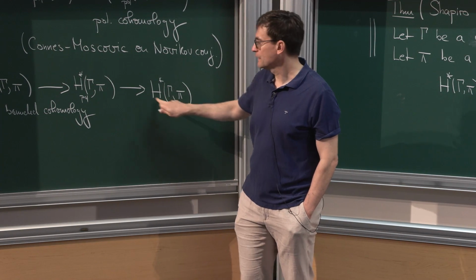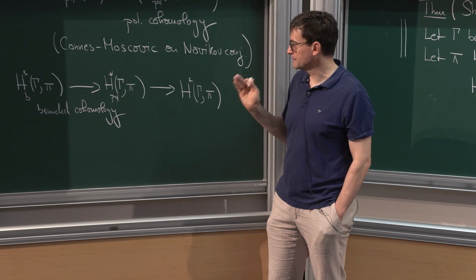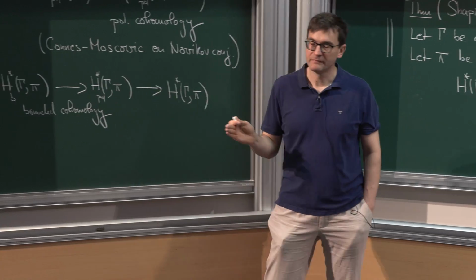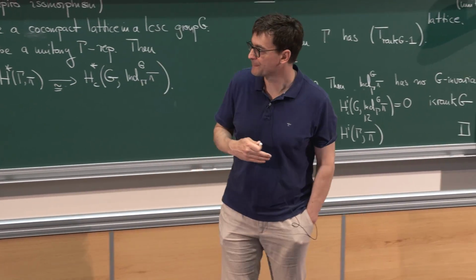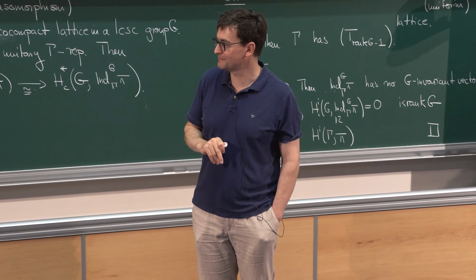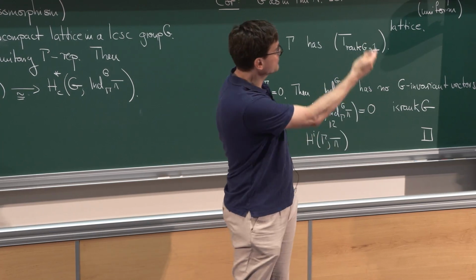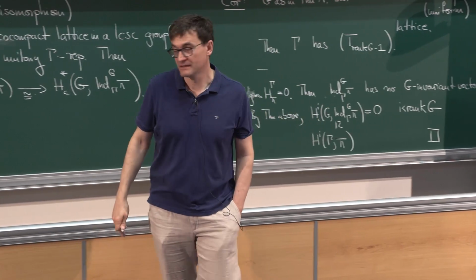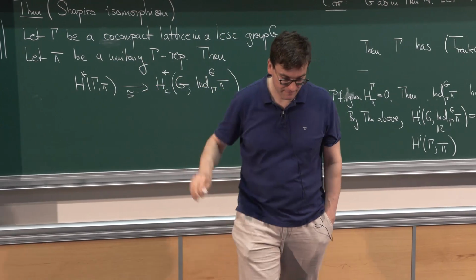Also not this one, no. There are just natural maps, and in general we cannot say something about the injectivity or surjectivity for all groups. But that will be the question in a few minutes, so it will have an important consequence for the question of the existence of a Shapiro isomorphism for non-uniform lattices, whether this is an isomorphism.